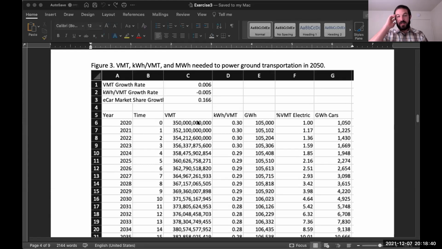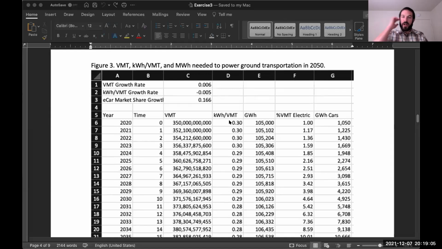Some estimates put vehicle miles traveled, in billions, closer to 450 billion as opposed to 350 billion, and some put it lower, closer to 280 or 300 billion. So this one seemed like a reasonable middle of the road estimate that was safe to go with.